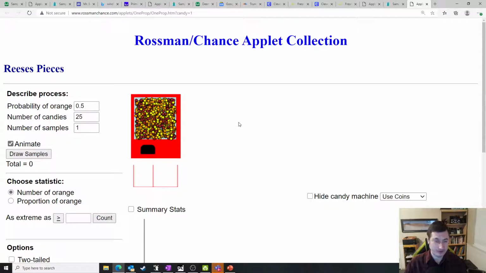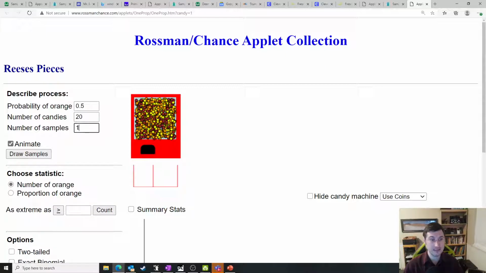Doesn't really matter what color you're looking at. So the probability of orange, don't care about the color. Think of that as the probability of success. Mrs. Bolt says it's a 50-50 chance, so I'm going to leave it at 0.5. How many chips are we drawing? Only 20. Okay, and I want a good sampling distribution, so I'm going to put this up at like 500.